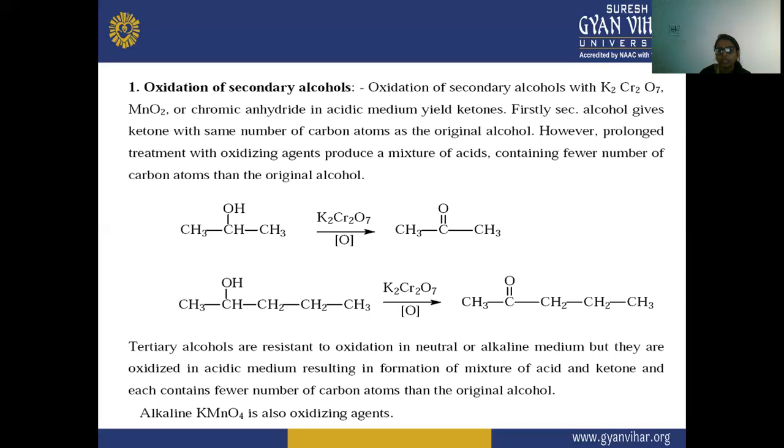Firstly, secondary alcohol gives ketone with the same number of carbon atoms as the original alcohol. However, prolonged treatment with oxidizing agents produces a mixture of acids containing fewer carbon atoms than the original alcohol.